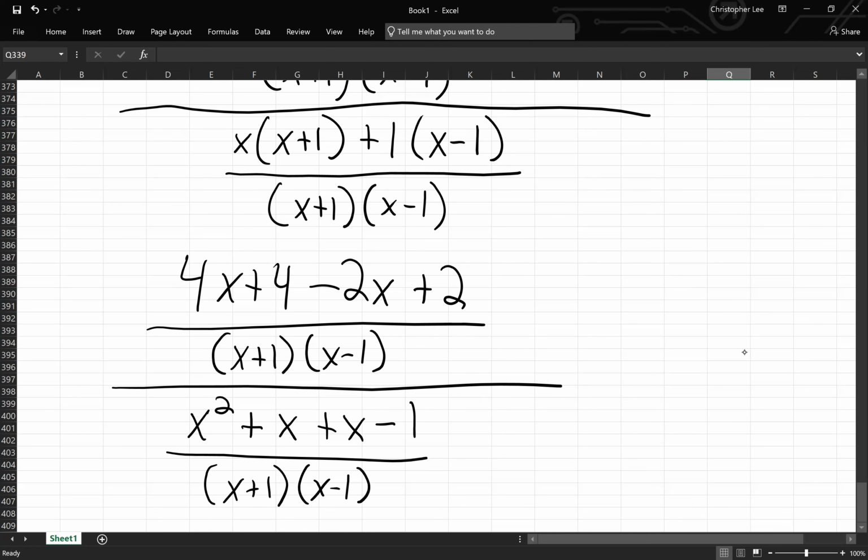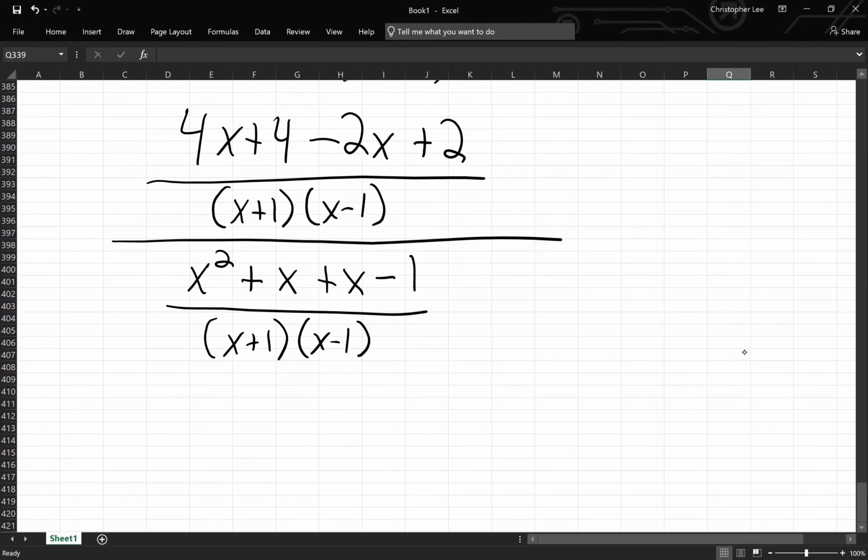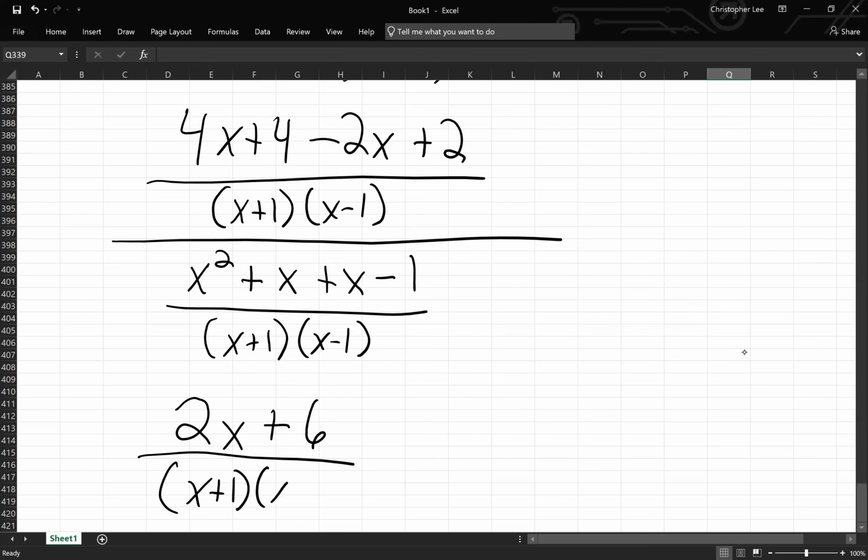Very good, right? So now we want to combine like terms. I'm looking at the top, so that should be 4x minus 2x, which is what? 2x, and then 4 plus 2 is plus 6 over. Excellent.